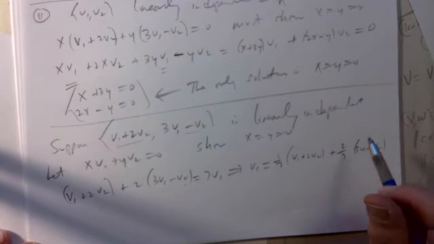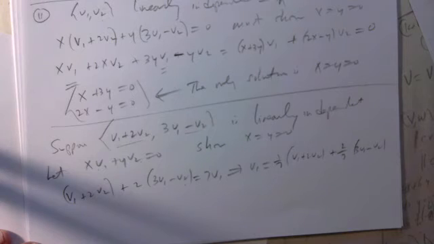So this is expressing v1 as a linear combination of these two vectors. I want to express v2 as a linear combination. Well, actually, that's easier.